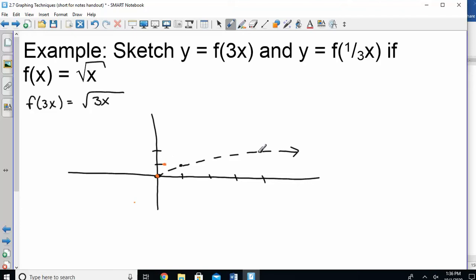This has an x value of 4. 4 divided by 3 is 4/3, so it's like 1 1/3. What this did was a horizontal shrink. Inside is opposite, so the 3 shrinks it horizontally. Now if you take something and you mash it horizontally, what happens to the height? The height's going to go up. I took it and mashed it in, so it got shorter and taller, essentially.